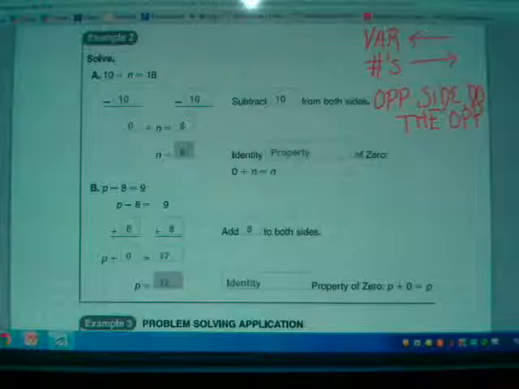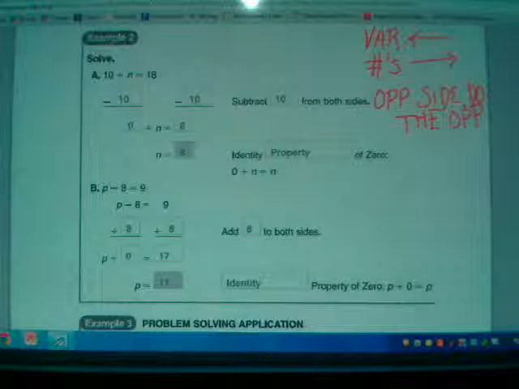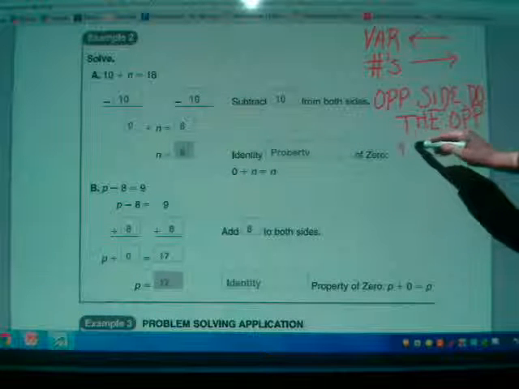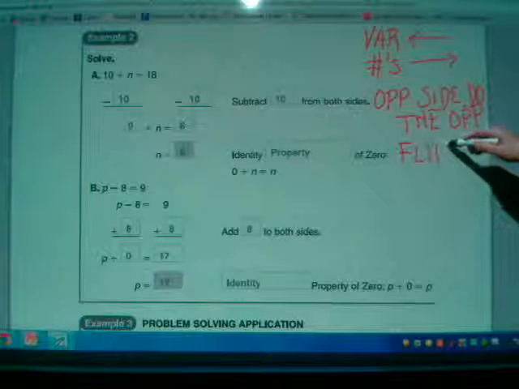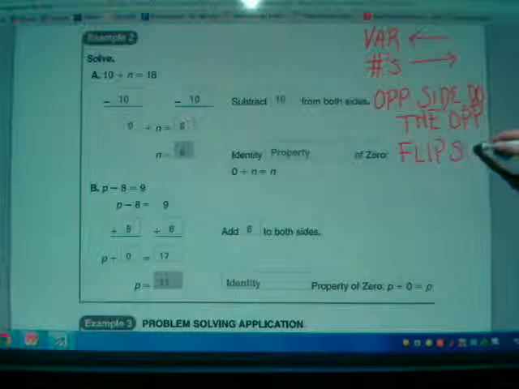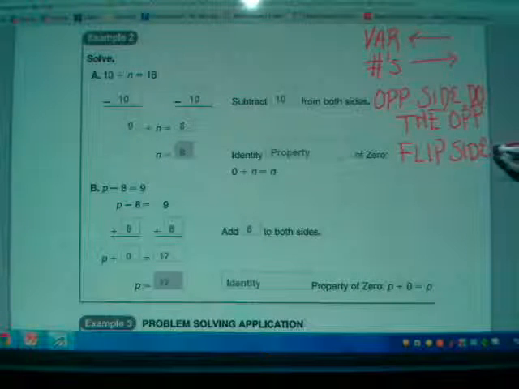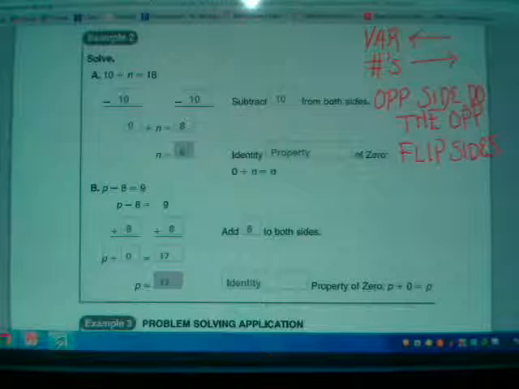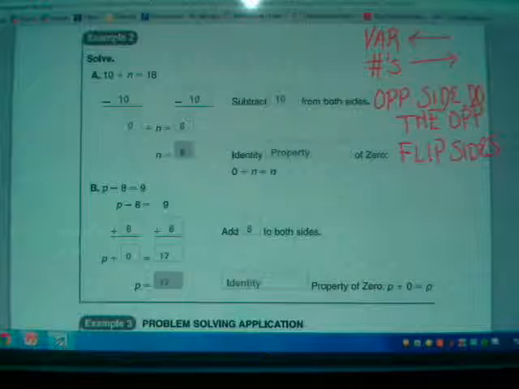The other thing that you're allowed to do is flip the sides. You would flip the sides when you have more things in the wrong spot than the right spot.